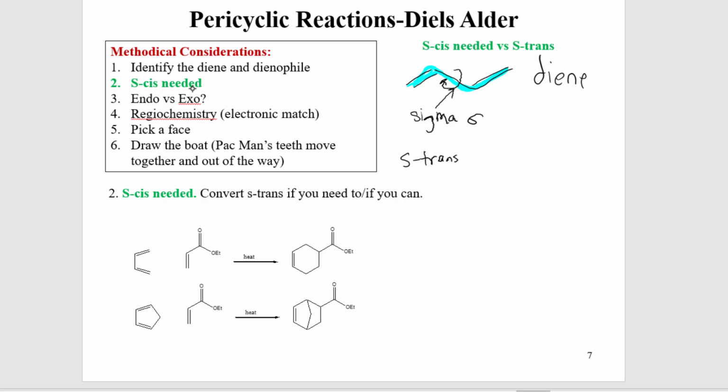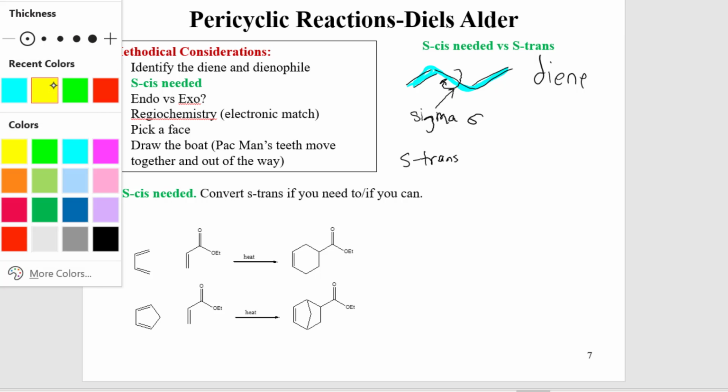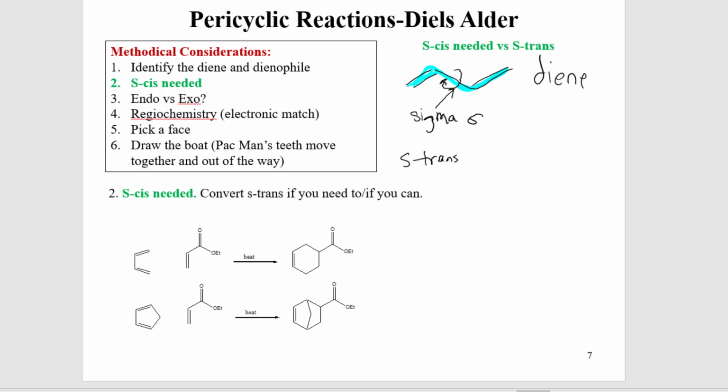Sigma trans. However, for Diels-Alder to react, I need carbons 1 and 4 to be on the same side, right? I've been drawing it like this. This is S-cis, or sigma, the sigma bond is cis, placing the 2 pi systems on the same side so that 1 and 4 can react on the same side as one another.